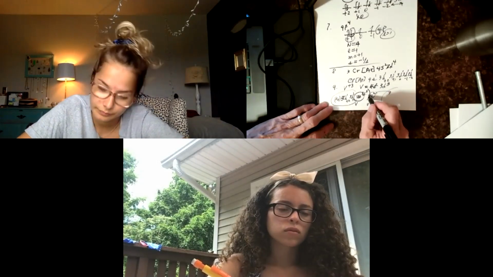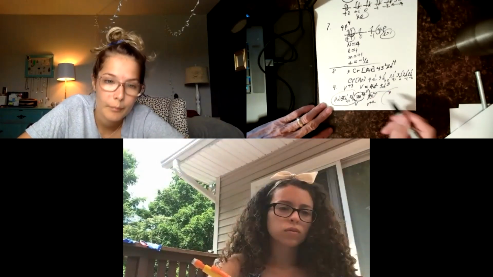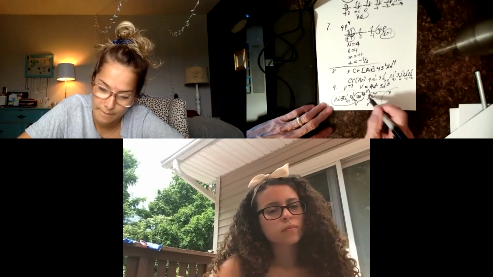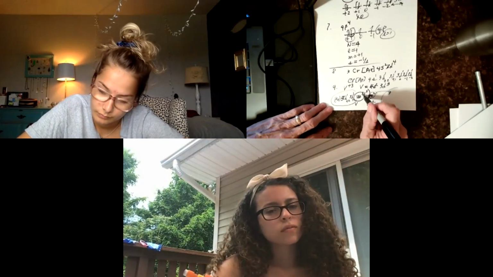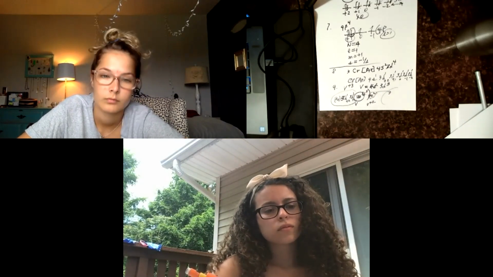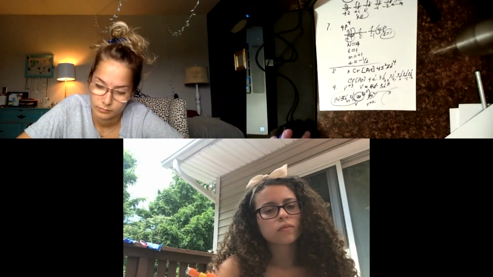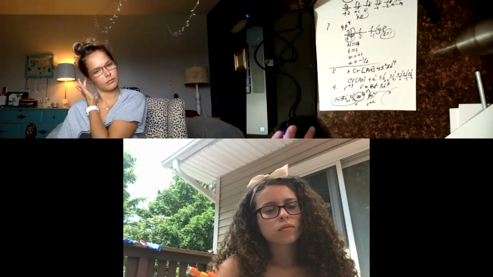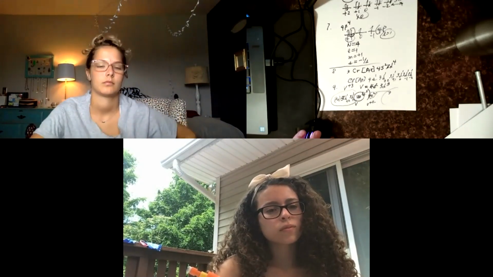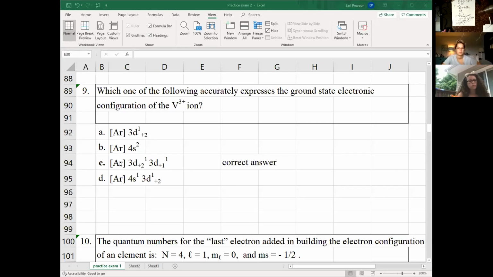And generally the s and p orbitals are the ones on the outside. In this case, only s orbitals are on the outside. We get 2 of those and 1 of the others to give us the electron configuration. And let's go back and screen share. And that would be this answer, C.